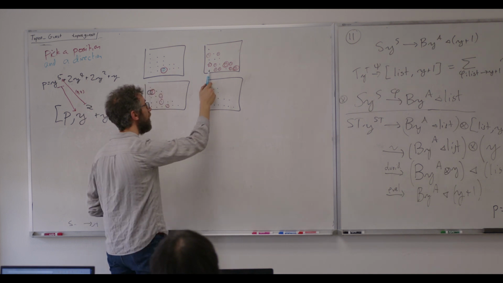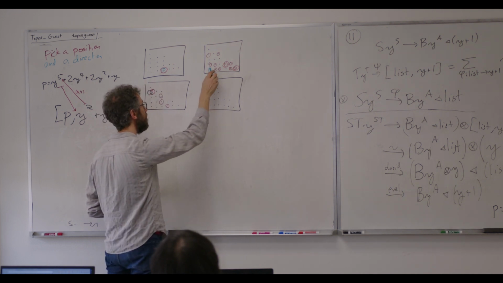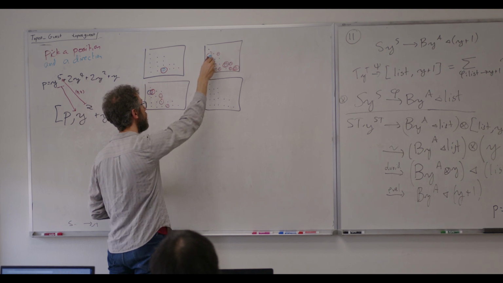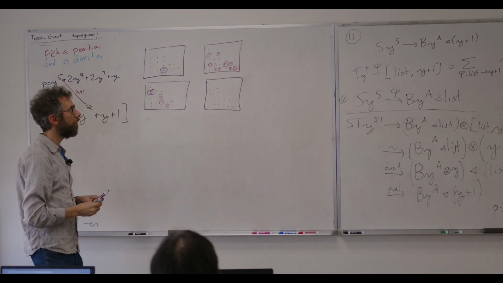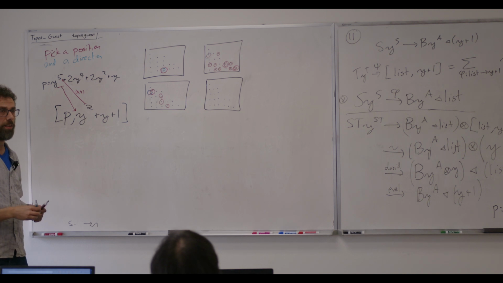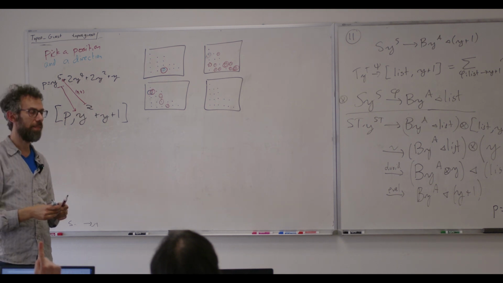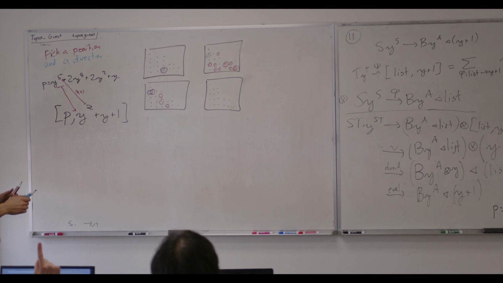Yeah, and I have to pick a direction, which is going to be one of those. No, you're done. That's a direction. I didn't ask you to pick more than one direction, just a direction. We chose a position and a direction. That's why there is a sigma there, not a pi.